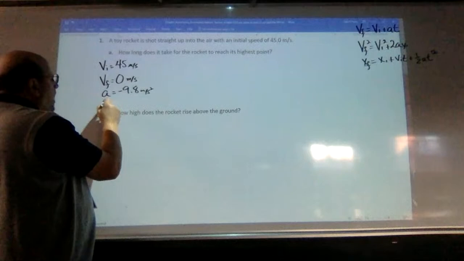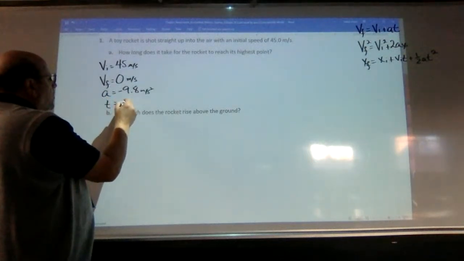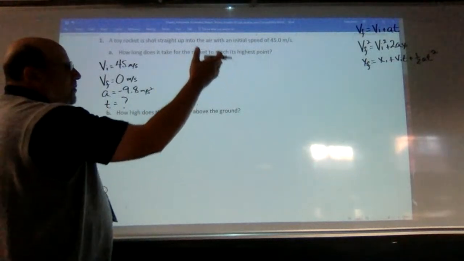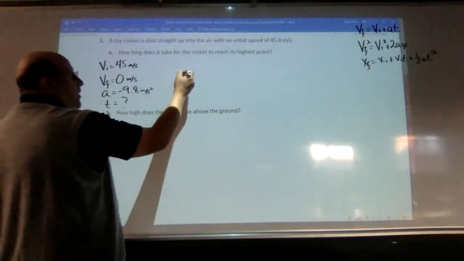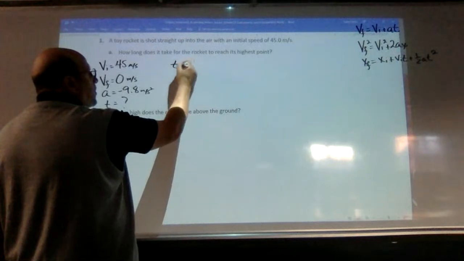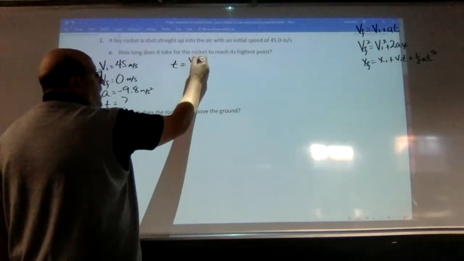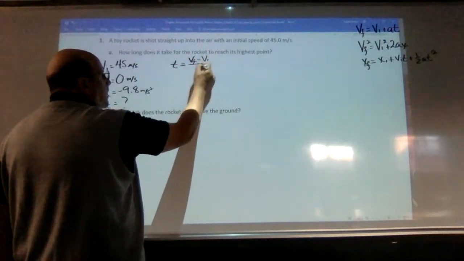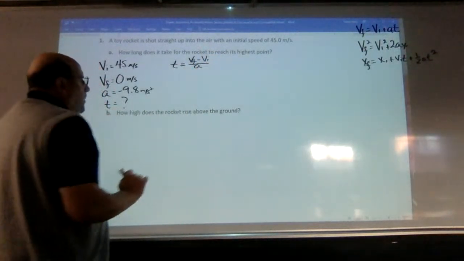And what are we looking for? We're looking for time. So what formula do we usually use? We're going to rewrite that formula over there. So T equals VF minus VI divided by the acceleration.